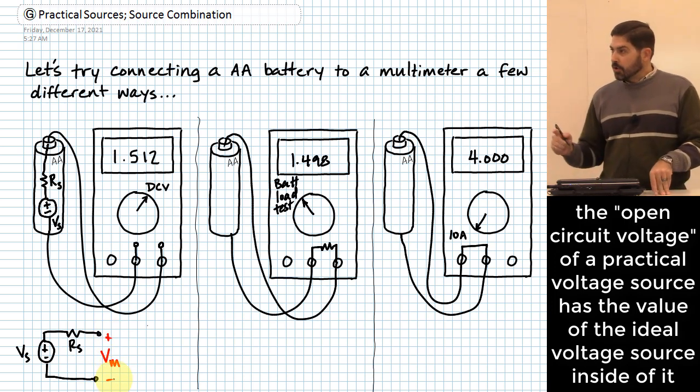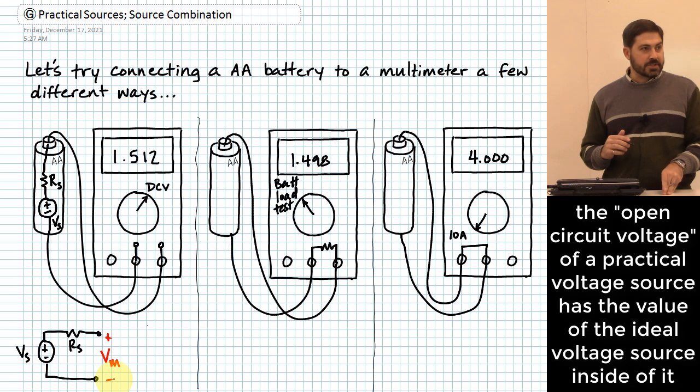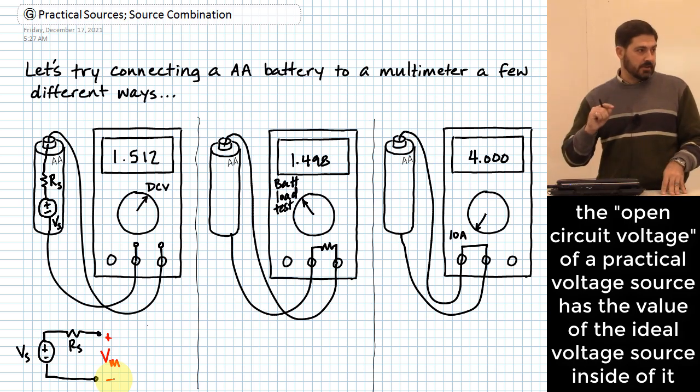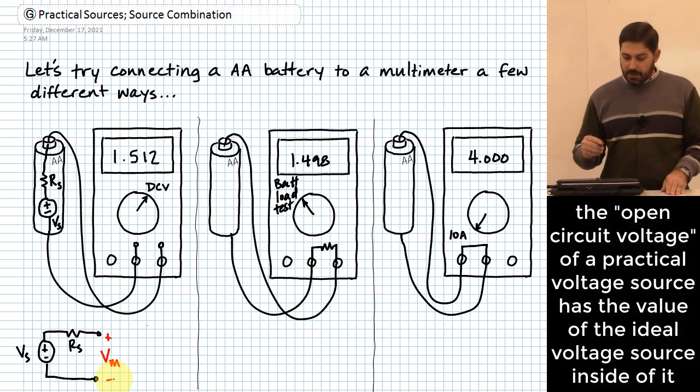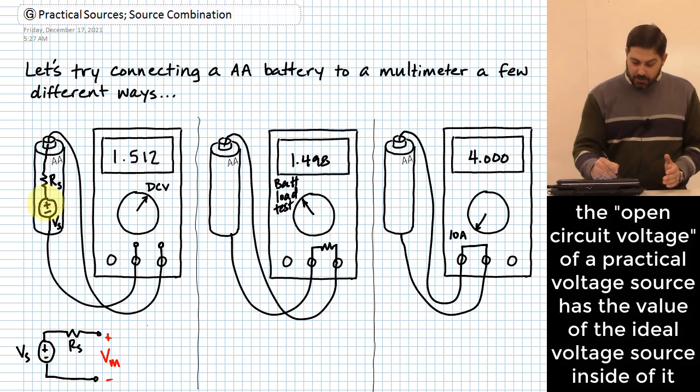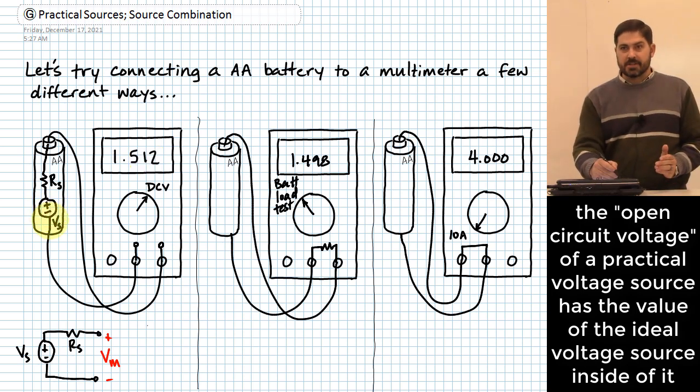Okay, no current is flowing, so what voltage is dropped on Rs? 0 volts are dropped on Rs. So if I then do a sum of voltages around this loop, it's not technically a loop because it's not closed, but you can still sum voltages around it, right? What should I have for Vm? It's equal to Vs. So the number that I got up here, the 1.512, is roughly what that hypothetical ideal voltage source is inside of that battery.